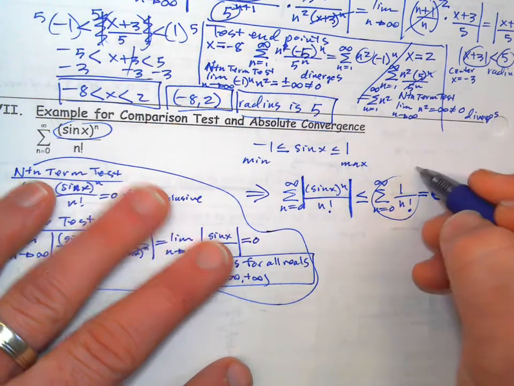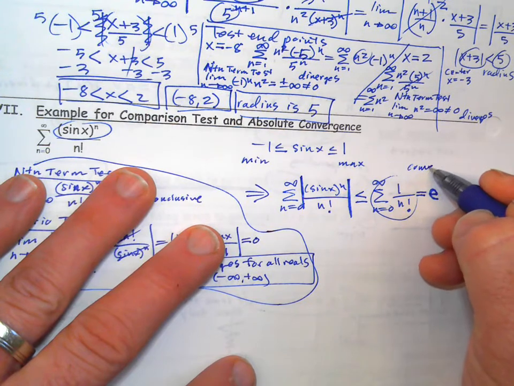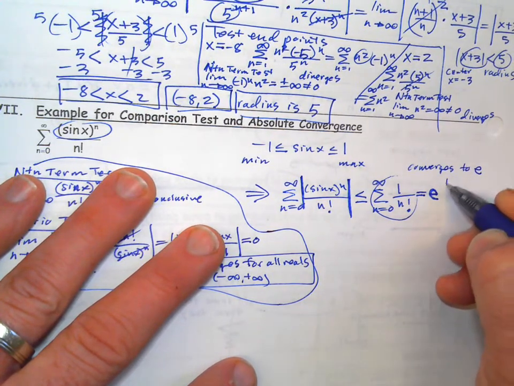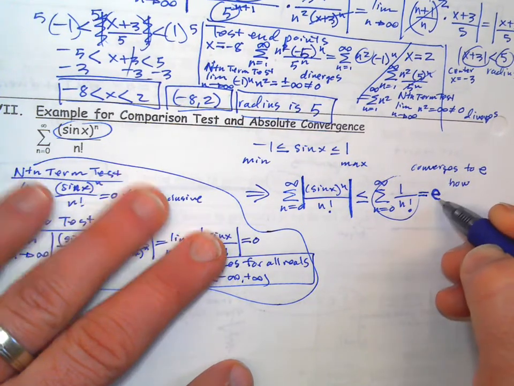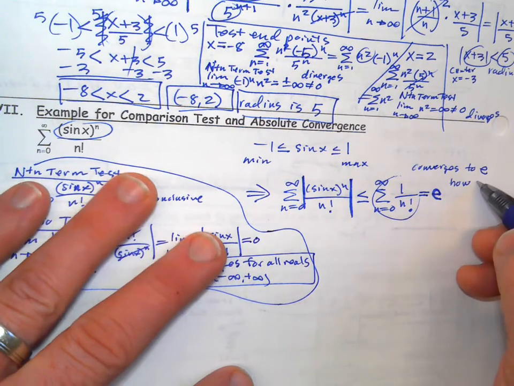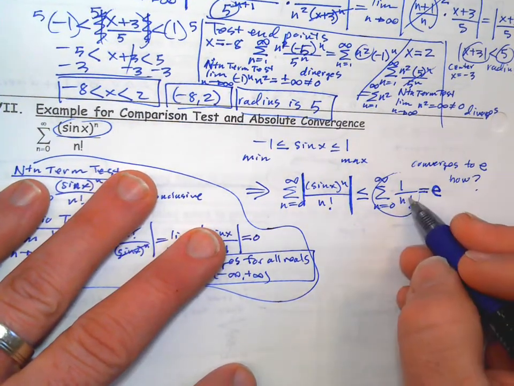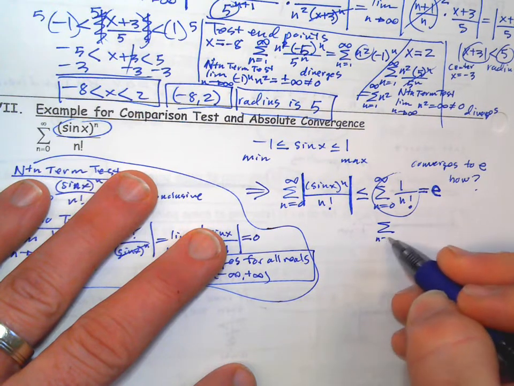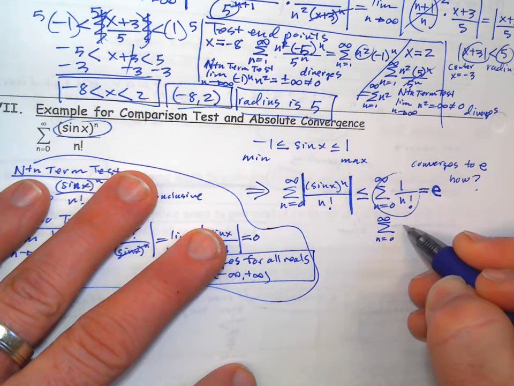And this is just, usually we're not trying to figure out what it converges to. And by the way, because this one converges to e doesn't mean this one does. This one we know is actually smaller than that. Now, how do we know? Well, this is a famous power series, Maclaurin series that we were studying last unit.